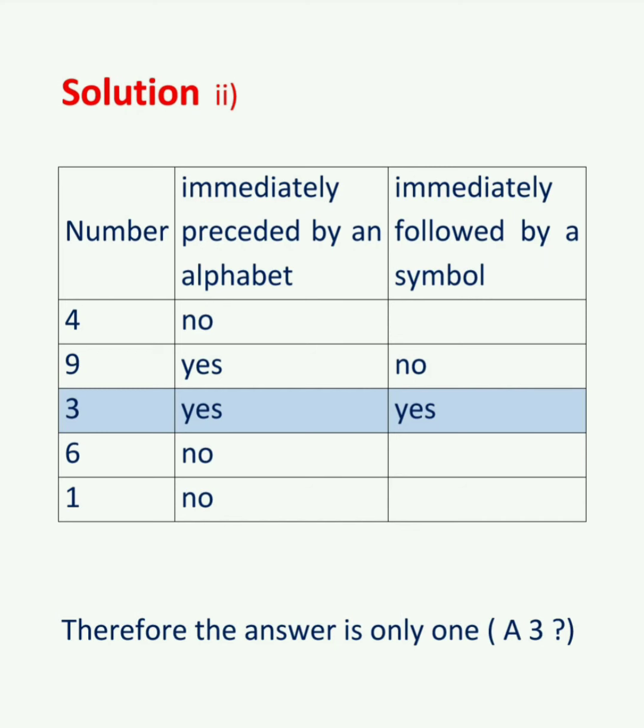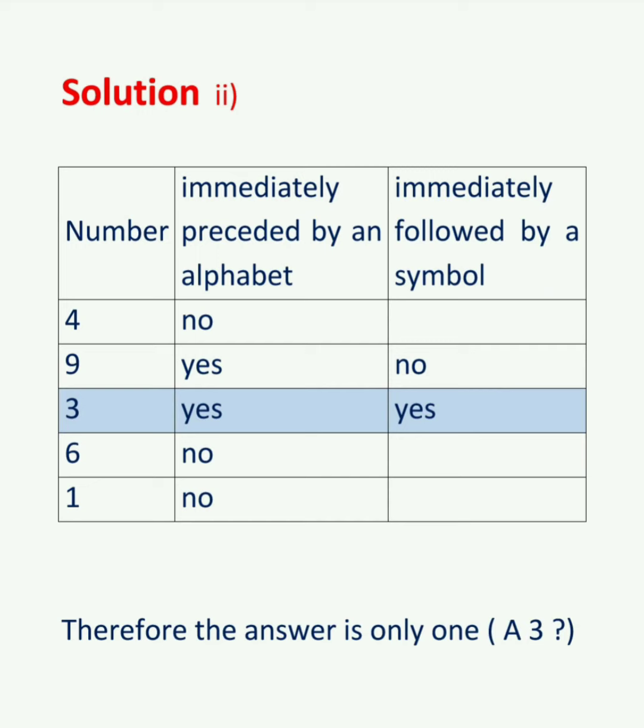Now the second question of problem 1.1, that is, we have to count the number which is immediately preceded by a consonant letter and immediately followed by a symbol. So I list all the numbers in the series. They are 4, 9, 3, 6 and 1. So the answer lies between 0 and 5.